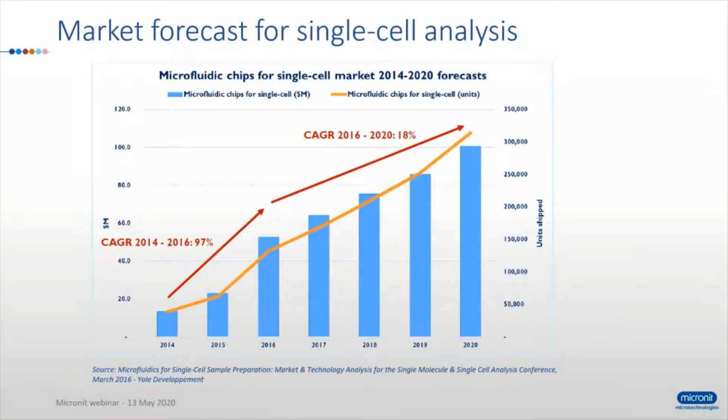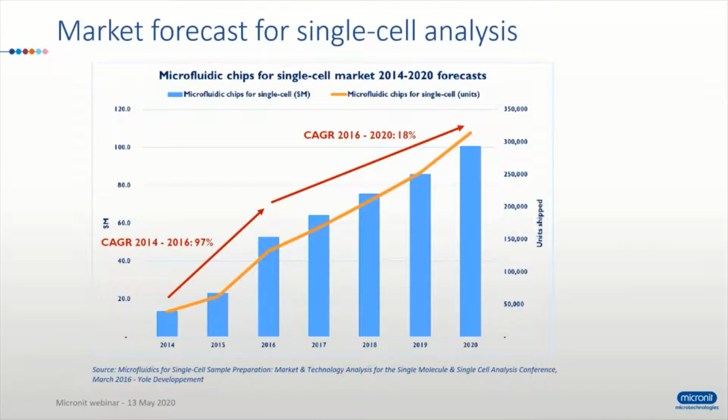Looking at the market size, in the past 5 years, similar, I would say, to the NGS market, growth of 15 to 20% on average each year, and still growing heavily. But the reason I selected this slide to show it to you today is if you compare the total market in terms of value, being in the hundreds of millions, or $100 million in 2020, and you compare it to the number of units being processed, you can see that these parts have quite a high added value in terms of cost.